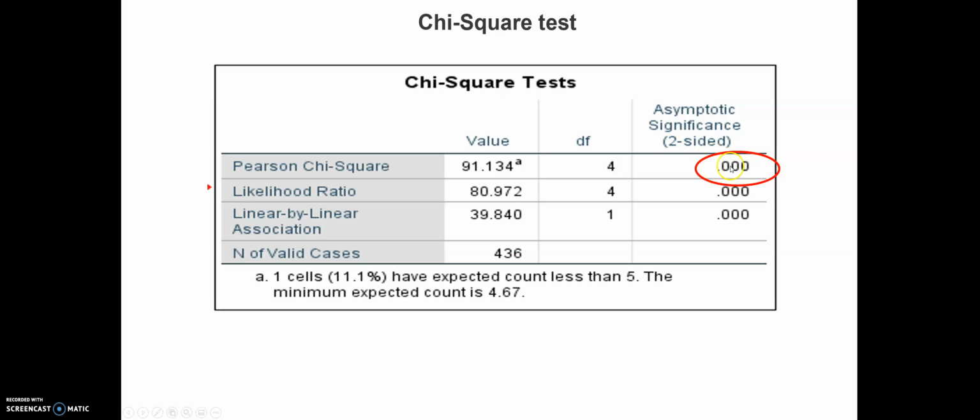Okay, in here, as you see, our p-value or SIG value clearly lower than my alpha level, which is 0.05. For that reason, I can say that my alternative hypothesis is supported. In other words, there is a significant relationship between the age group and time spent on social media.